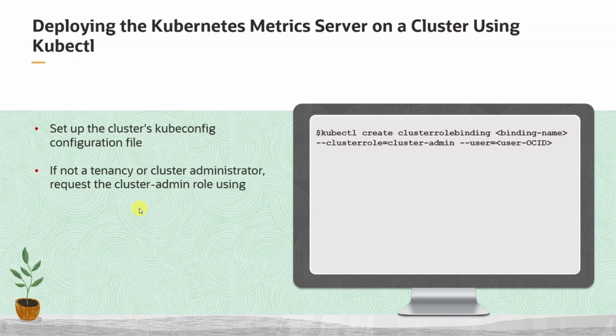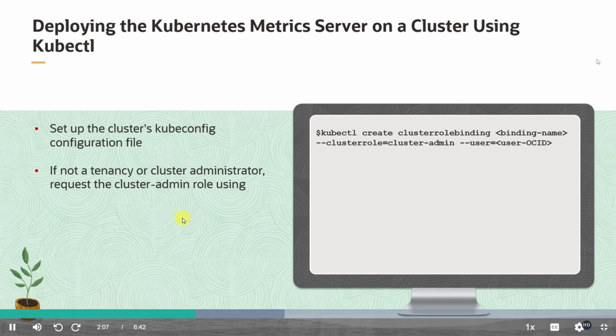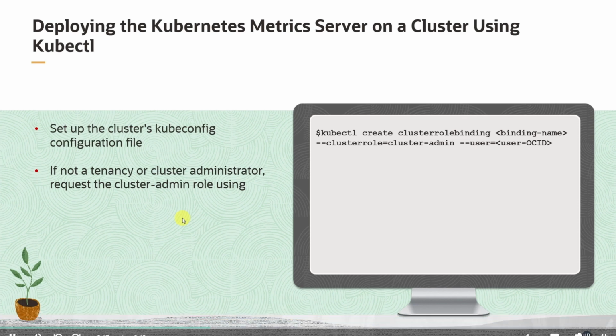Now the next step: if your Oracle Cloud Infrastructure user is a tenancy administrator or cluster administrator, we can skip this step. But if your OCI user is not, then you must ask your tenancy administrator or cluster administrator to grant the user the Kubernetes RBAC cluster-admin cluster role on the cluster.